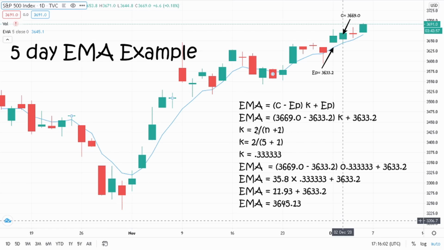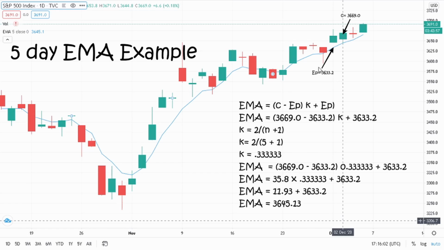We are then going to times that by K. If you remember, K is a separate equation, which is 2 divided by n plus 1. N is the total number of price periods that we're looking at, which is 5 days. So it's 5 plus 1. 2 divided by 5 plus 1, 2 divided by 6, which is going to equal 0.33 repeater. So we're going to multiply that by 35.8, and what we get is 11.93.